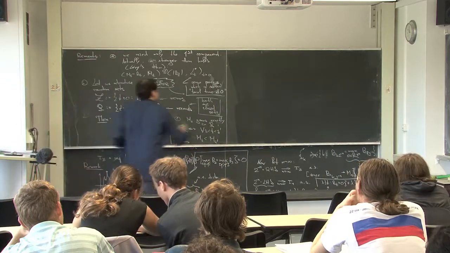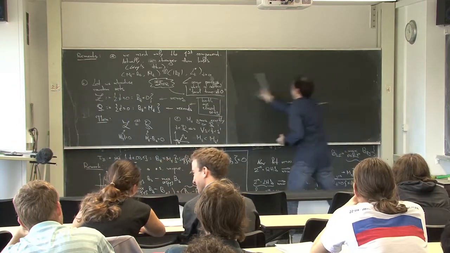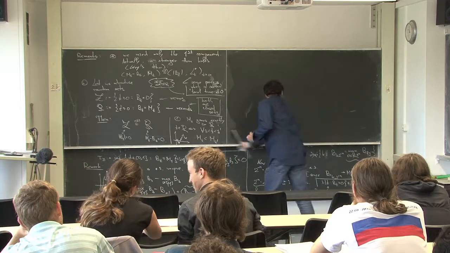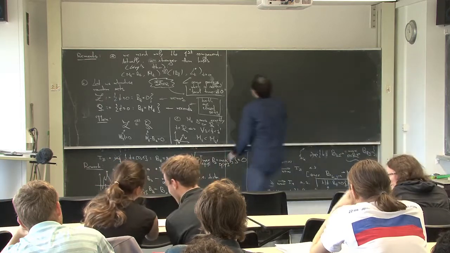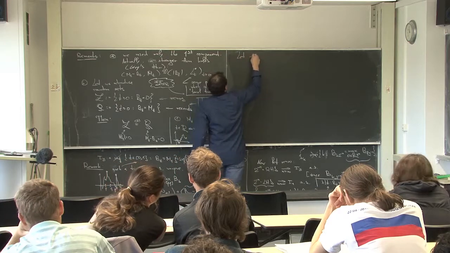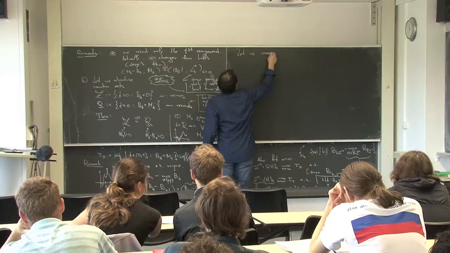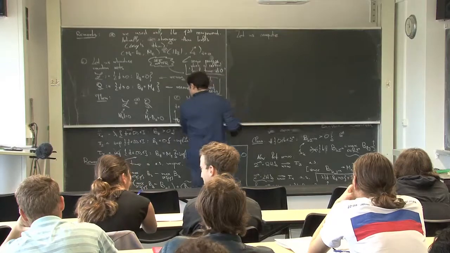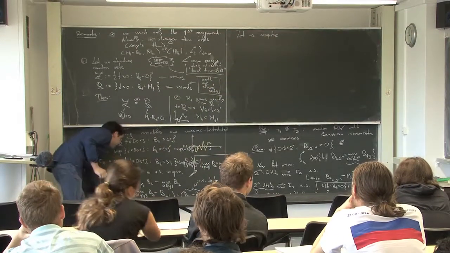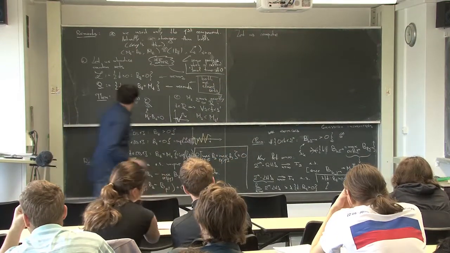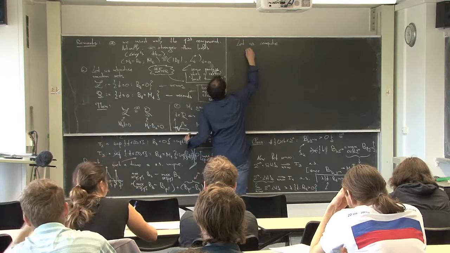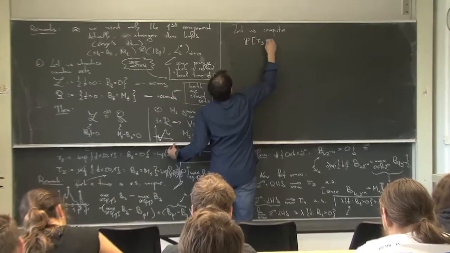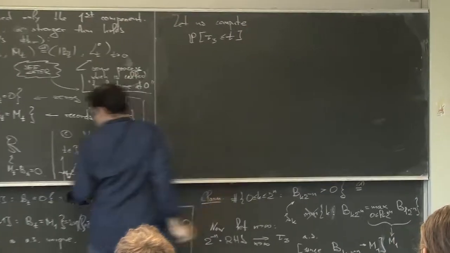So now let us compute, it was tau3 somewhere. Let us compute the probability that, say, tau3 is less than some t.